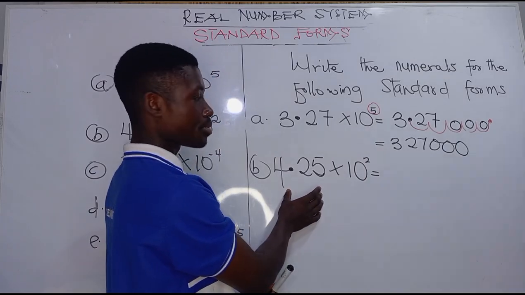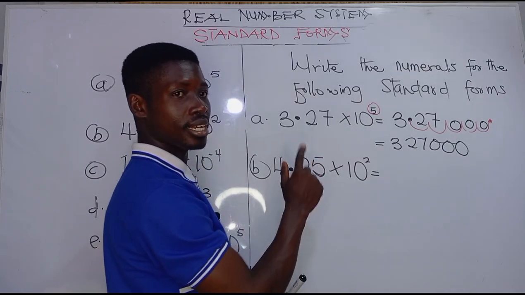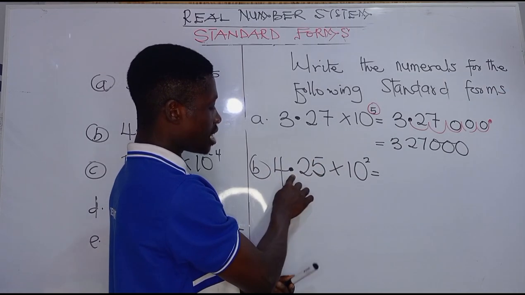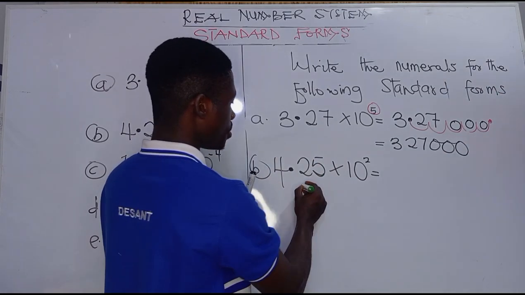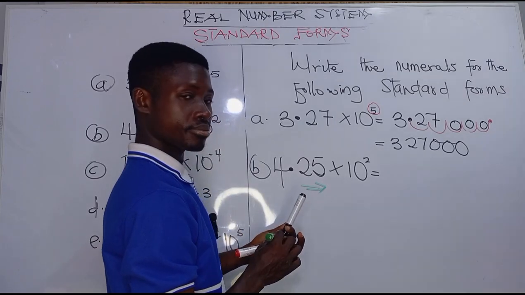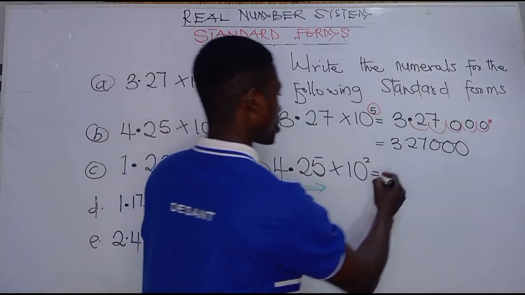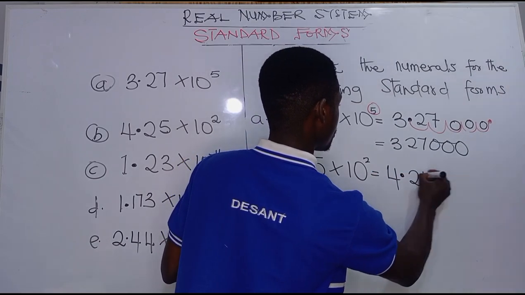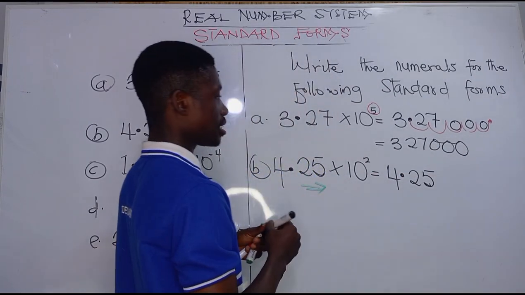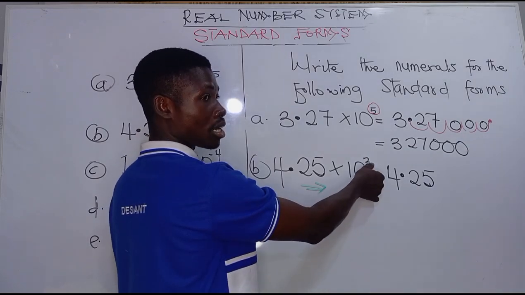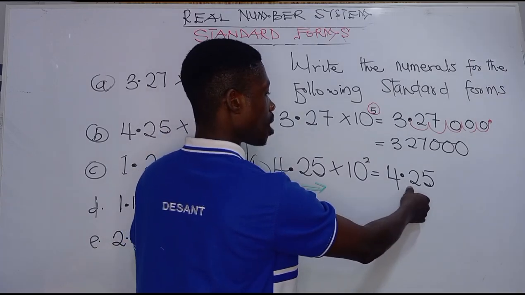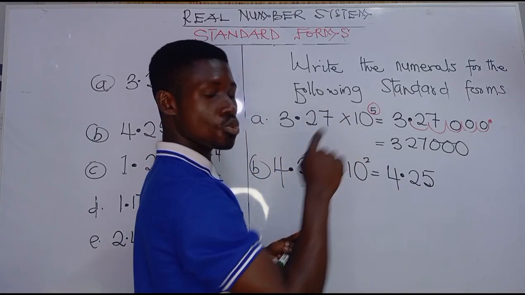Looking at this, we also have a positive power, and a positive power tells us how many places we have to move the decimal point to the right. So we have 4.25, and it is a positive power, and it is 2. So we are going to move the decimal point 2 places to the right.